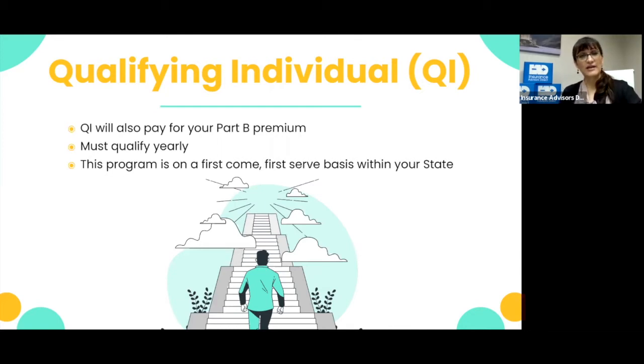So a QI will also pay for Part B premium. That's a qualified individual. You must qualify yearly, just like the SLIMBs. And this program, though, a little bit different, is first come, first serve within your state.